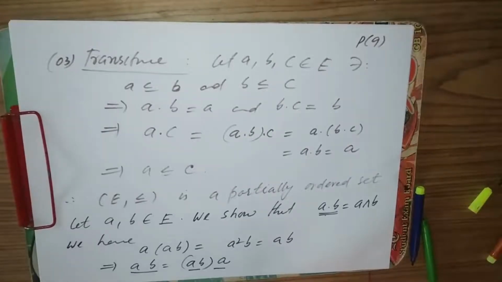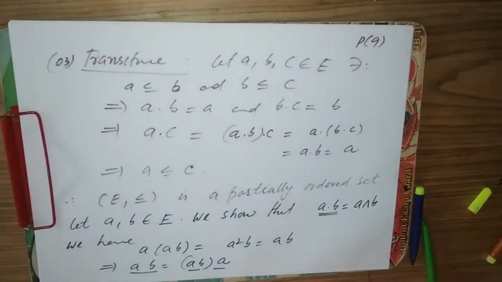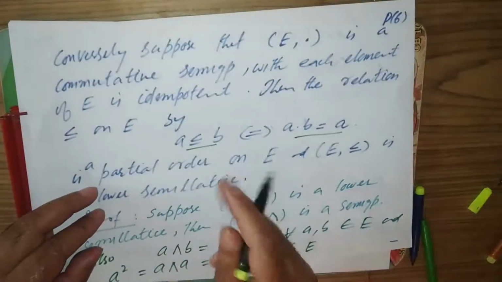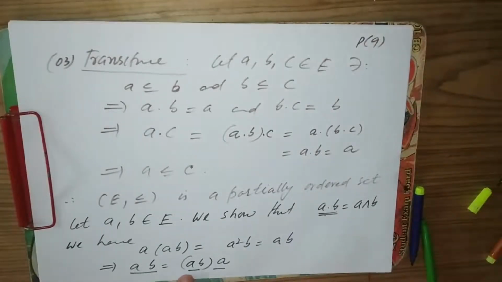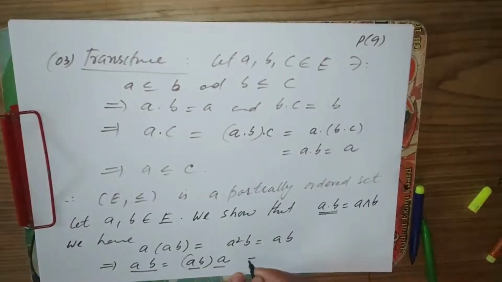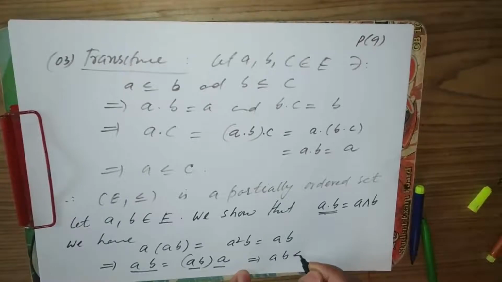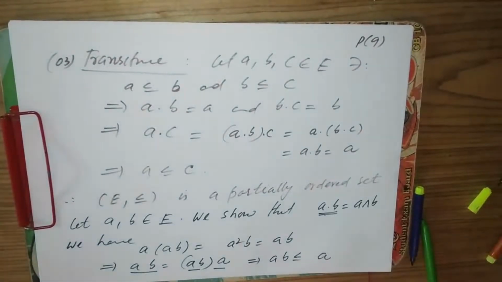So what's the definition of the relation here? A is less or equal to B if and only if their product is A. Their product is the first element, and here the product of AB and A is the first element AB. So AB is less or equal to A, because their product AB into A is equal to AB.